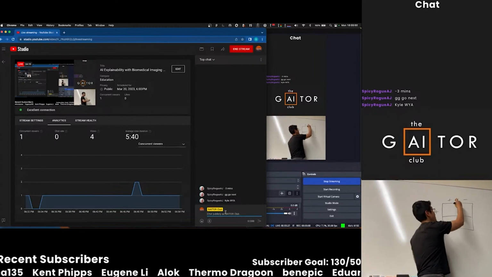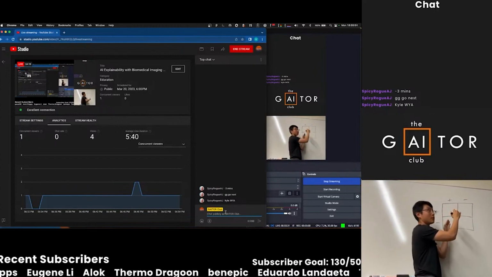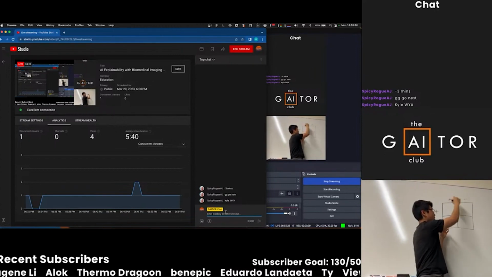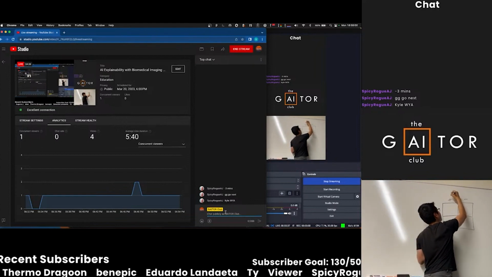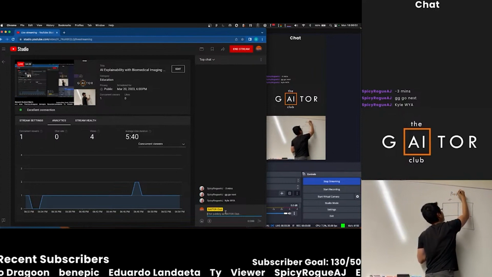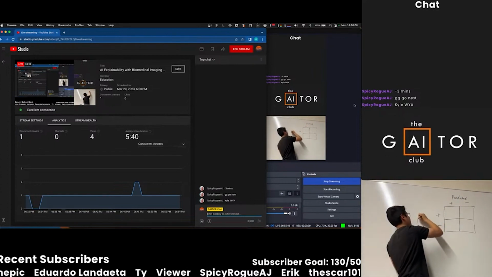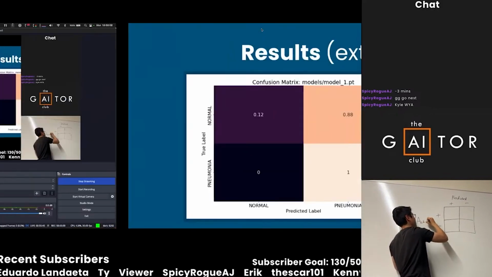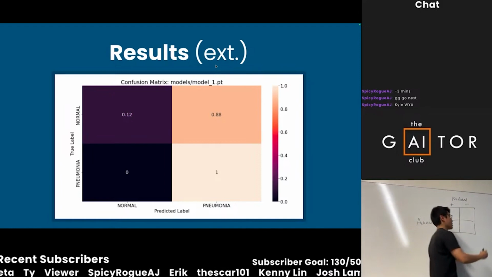You can do either order, but it's important you're clear on which axis is the predicted versus true label. So let's say this is the prediction, and let's say this is the actual. And then let's say that we have 1,000 examples.